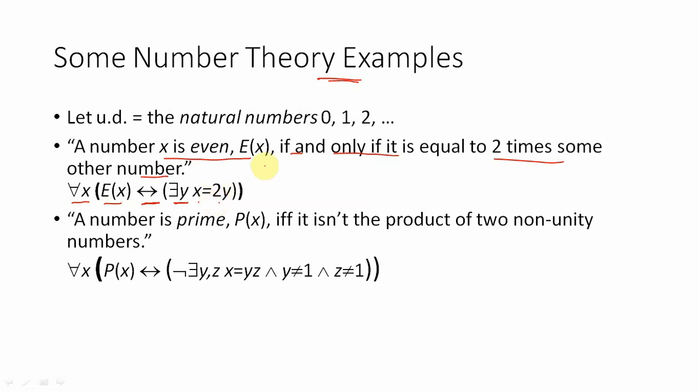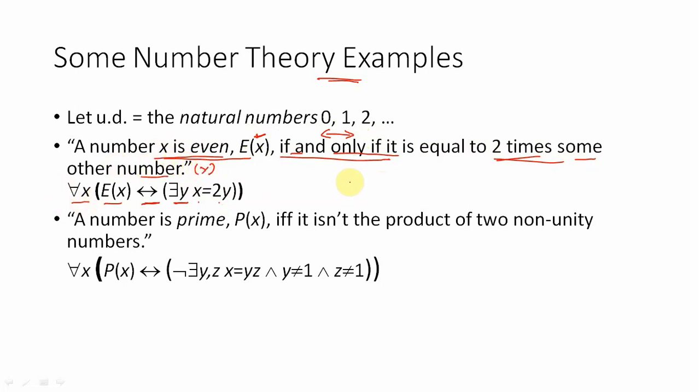You have to read it very carefully. X is even, which is defined by this predicate E of x. If and only if, remember this is the biconditional, it is equal to 2 times some other number, let us say y.